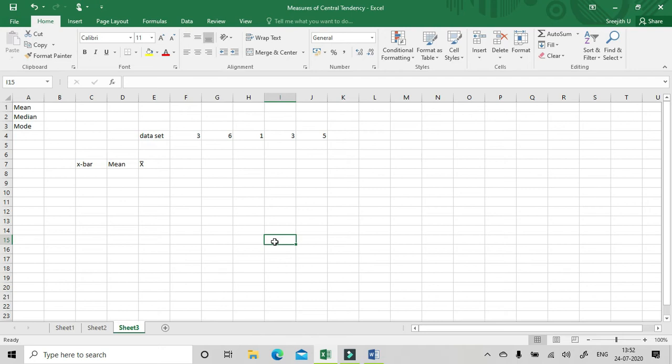Now when any data set is given, normally we are interested in how many observations are there in the data set. In this data set we have 5 observations, right? 3, 6, 1, 3, 5. So the number of observations or the count is mathematically denoted using the letter n. In our data set, therefore, n is equal to 5.